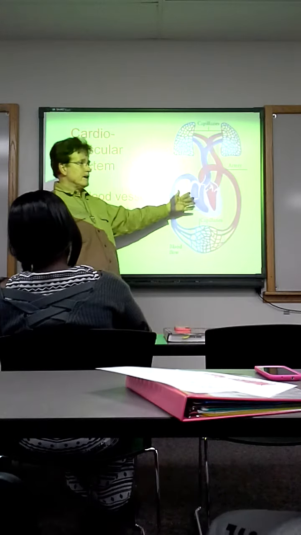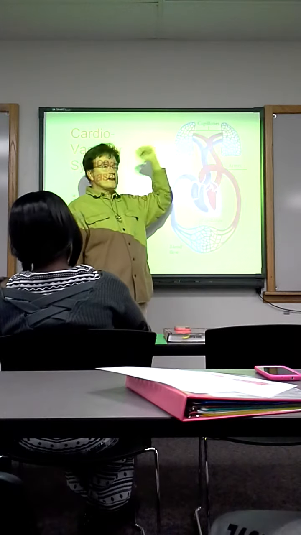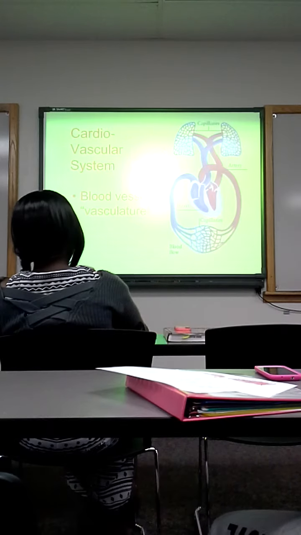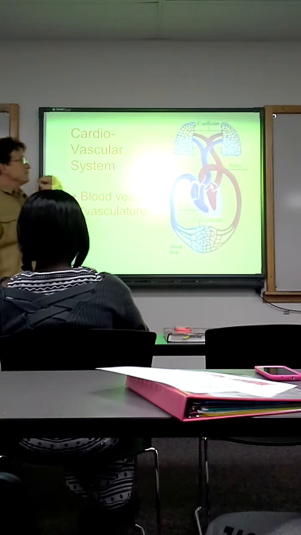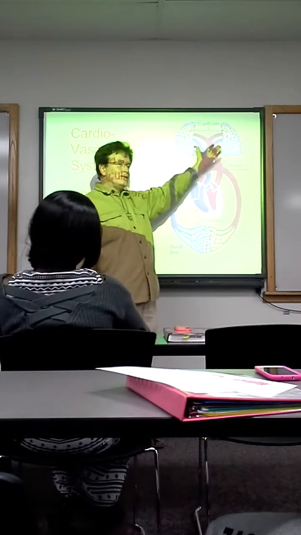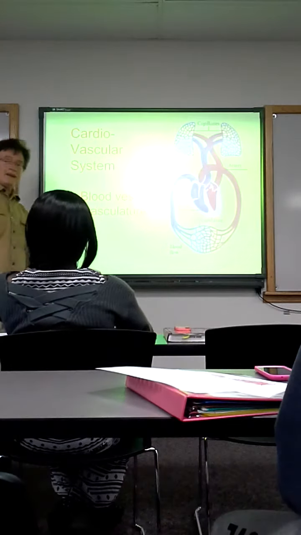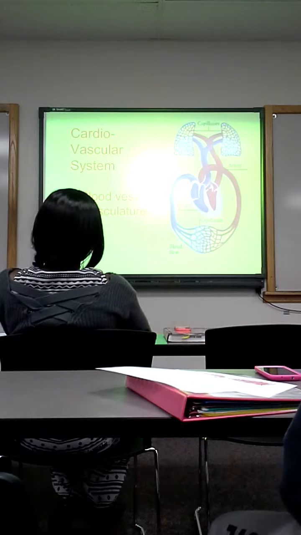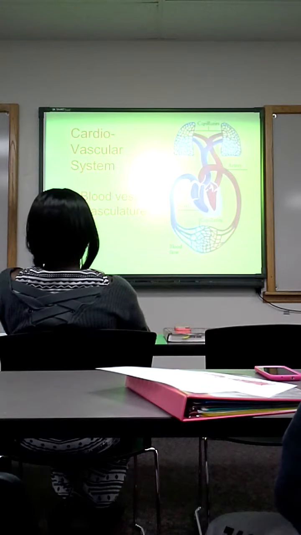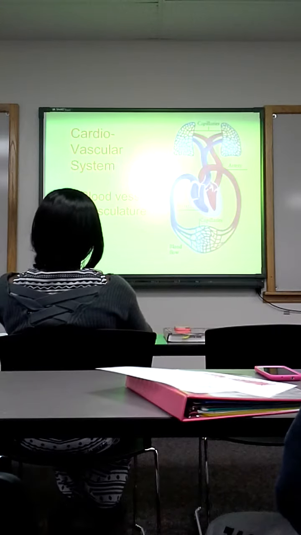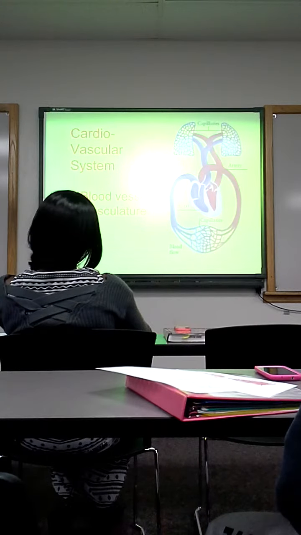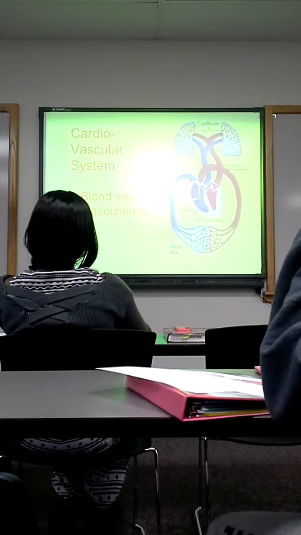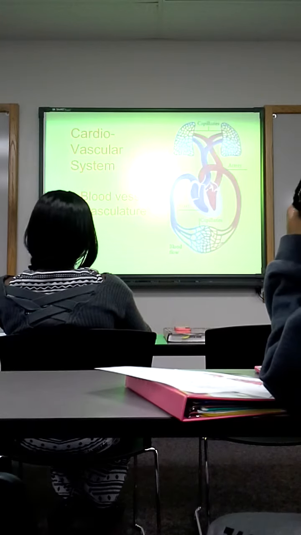In the pulmonary circuit, however, the pulmonary arteries are in blue because we're pumping blood low in oxygen to the lungs, where it's going to be oxygenated. Blood that returns to the heart via the pulmonary veins is shown in red because it's been oxygenated. So the colors are reversed in the pulmonary and systemic circuits. In the systemic circuit, the arteries are red and the veins are blue. In the pulmonary circuit, the arteries are blue and the veins are red.